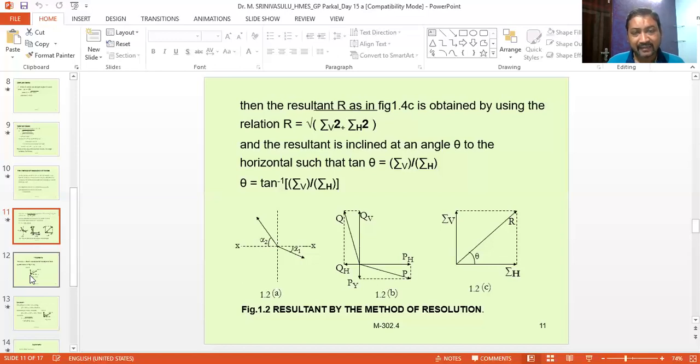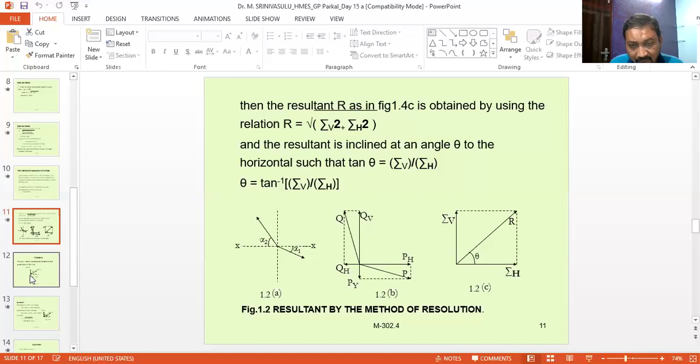If y is positive and x is negative, then it will lie in the second quadrant, and theta is measured from the x axis. Similarly, if sigma v and sigma h are both negative, then the resultant will lie in the third quadrant, and that angle must be taken from the x axis.